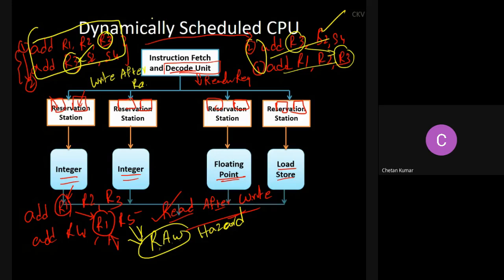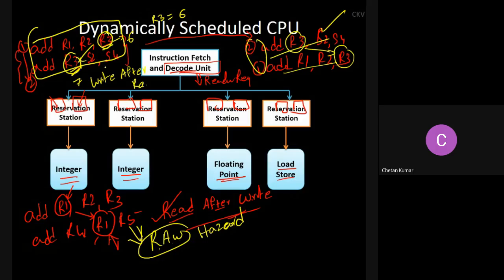Let's say R3 initially contains some value, 6. Later on, it is getting changed to 7. When I execute this first instruction, I have to use the value of 6. Later, it can change to 7. So you are supposed to write into the register only after the read happens.